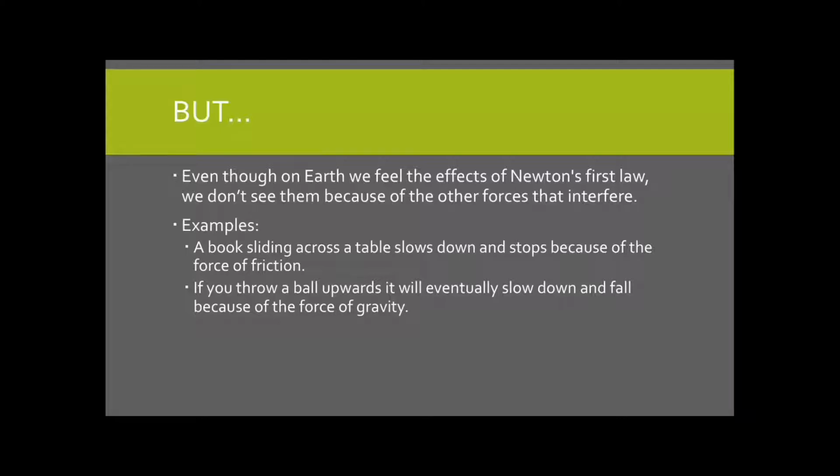It's being acted upon by an unbalanced force. The force is friction, which is causing it to slow down and come to a stop. If you throw a ball up in the air, eventually it's going to slow down and fall back down because of gravity. And again, that shouldn't happen. It should just keep going up. But since gravity is an unbalanced force, which is acting on the ball, it comes back down.